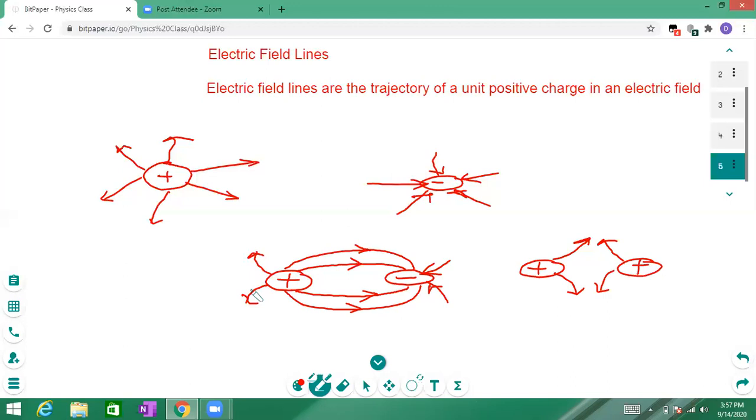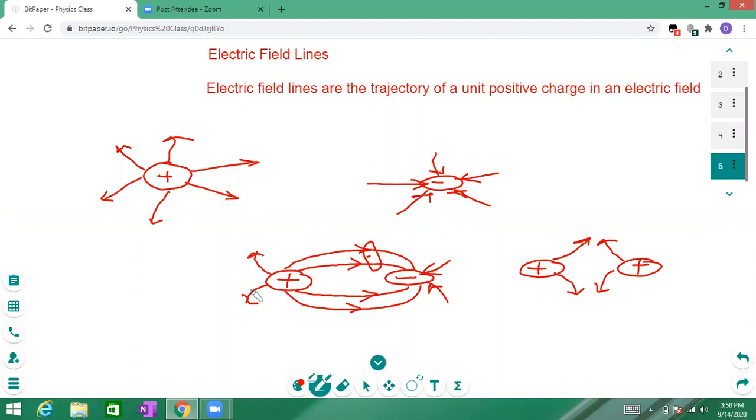Actually, these field lines form the map of an electric field. So the density of the field lines at a point, suppose we are considering a small area around this point, is proportional to the magnitude of the electric field or the electric field intensity at this point.